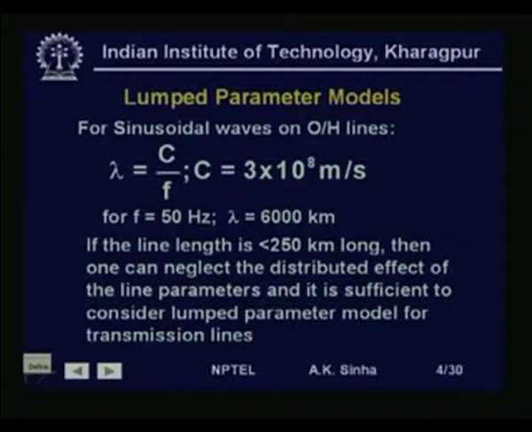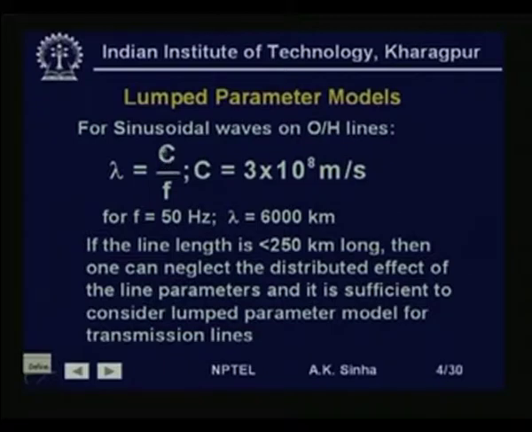What we will see is that for sinusoidal voltage and current waves on an overhead line, the wavelength of the line is given by lambda, which is c by f, where c is the velocity of light or the velocity of propagation of the current or voltage waves on the transmission line.